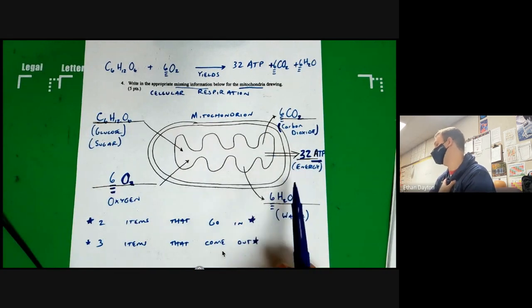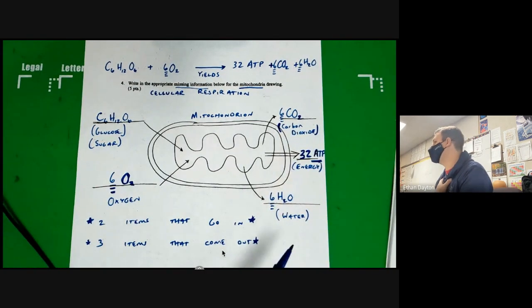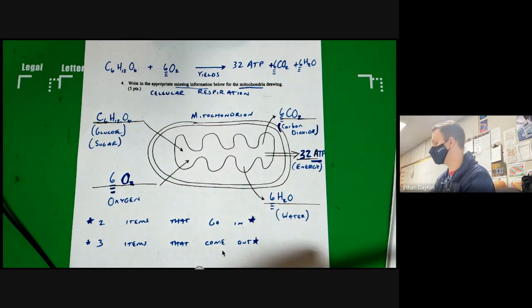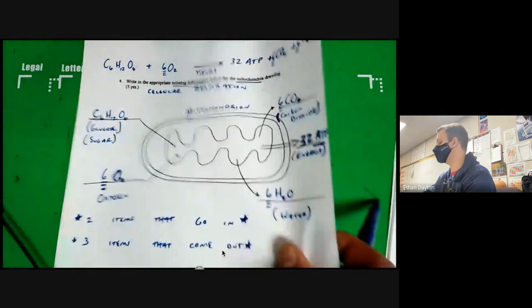Energy. And also, what am I breathing out? CO2. Carbon dioxide. And then that water, I imagine that like you're sweating. That just helps me. If that doesn't help you, that's fine. If it does help you, that's also fine. So that's cellular respiration, 5 points.